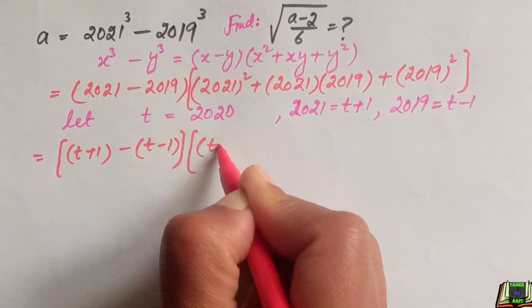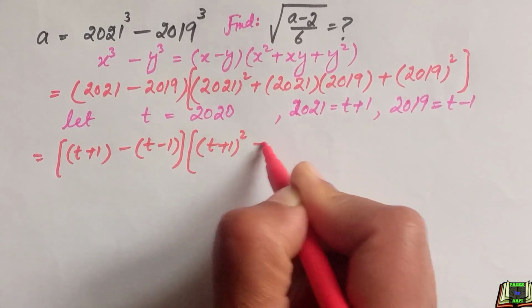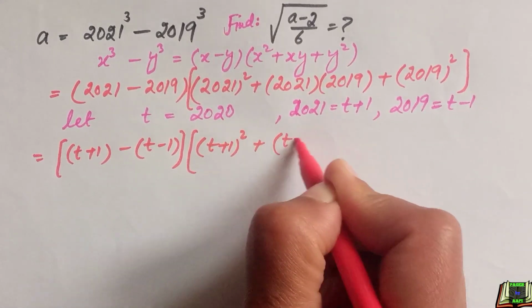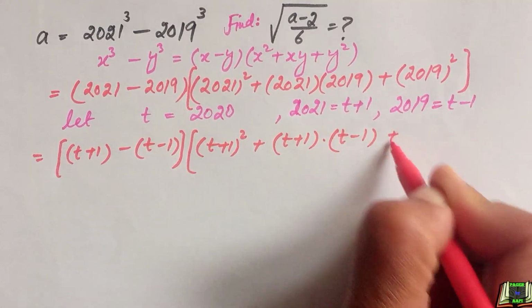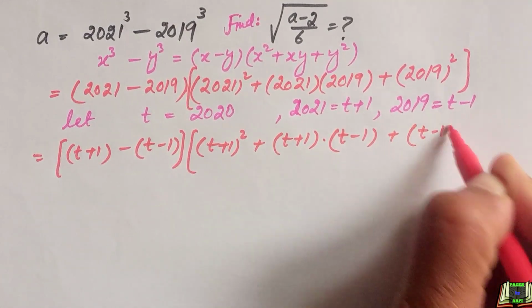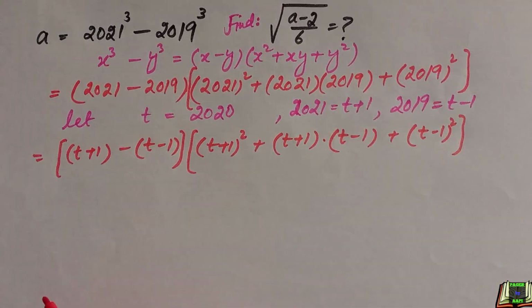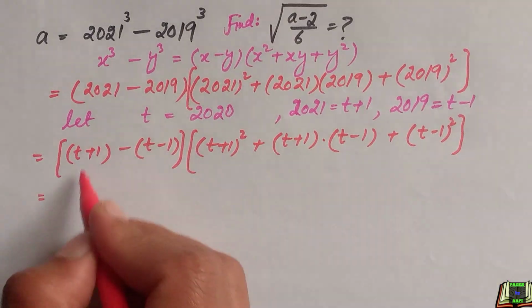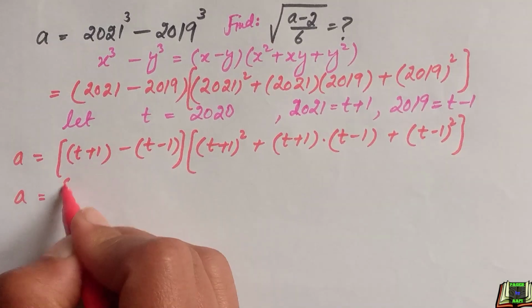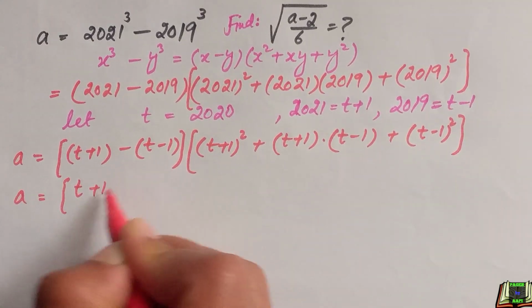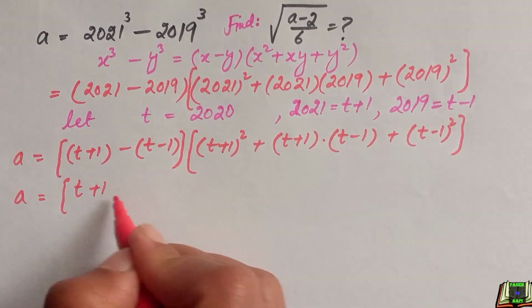t plus 1 square plus t plus 1 times t minus 1 plus t minus 1 square, which is equal to A. A is equal to t plus 1 minus t minus 1, and here the sign will be multiplied.